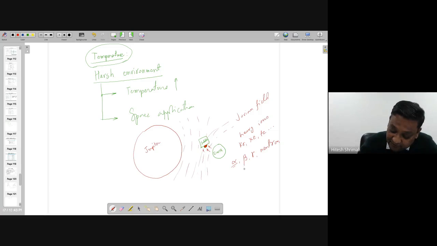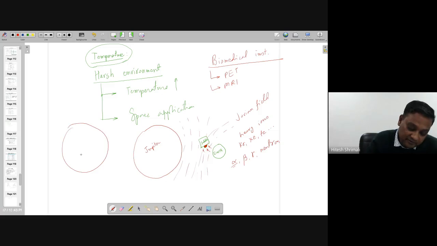But if other things are there like gamma or beta, and the same thing is applicable for the design of some of the biomedical instruments like a PET scanner or the MRI machine, right? Where from everywhere, like this is a circular thing, and here one person is lying where this is going to be operated.